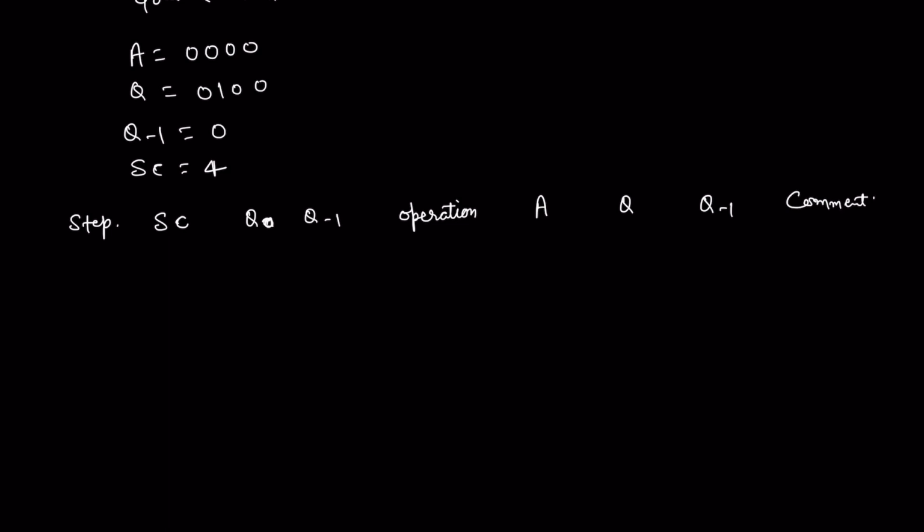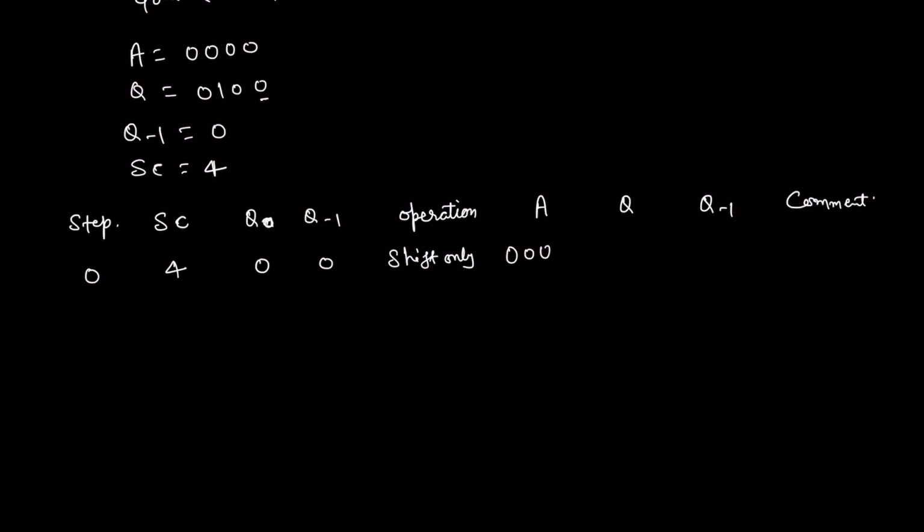So first step, we will start from 0. Our step counter initial value is 4, and initially Q is 0100. So here initial Q0 is 0, Q minus 1 we have initialized with 0, so 0 0. In this case there will be shift only.